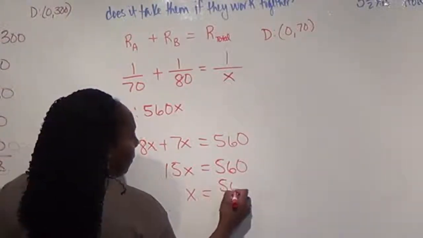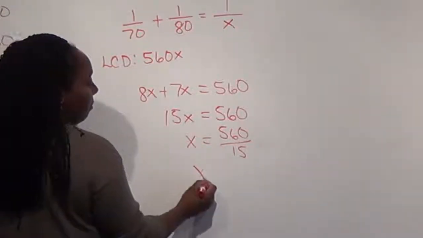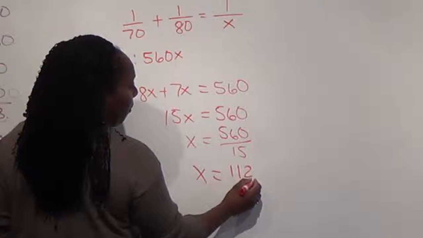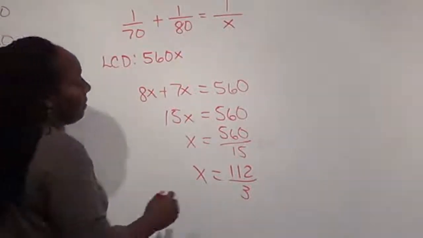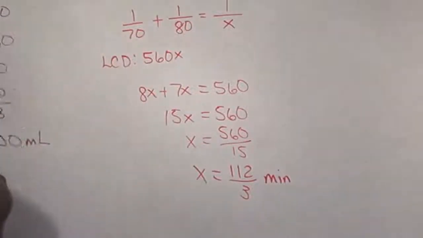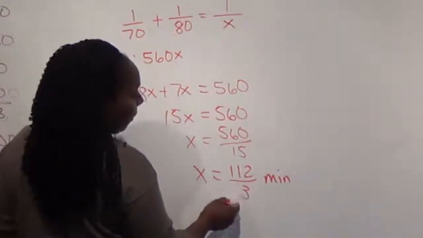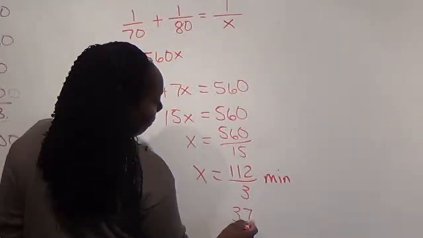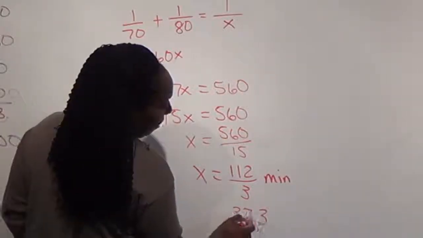x equals 560 over 15. So dividing out, we'll get 112 over 3. It doesn't go in there evenly, but this is minutes. Okay? And if we did try to divide that out a little more, we could see this is going to be about 37.3 minutes.